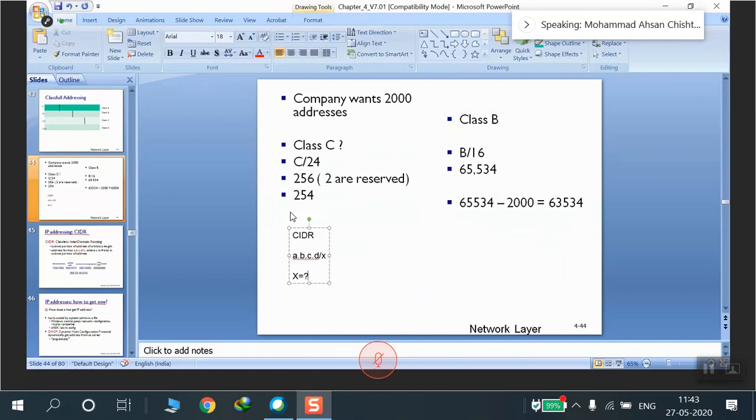The organization needs 2,000 IP addresses. How many would we allocate? In this case, x equal to 21 would provide us IP addresses equal to 2048.